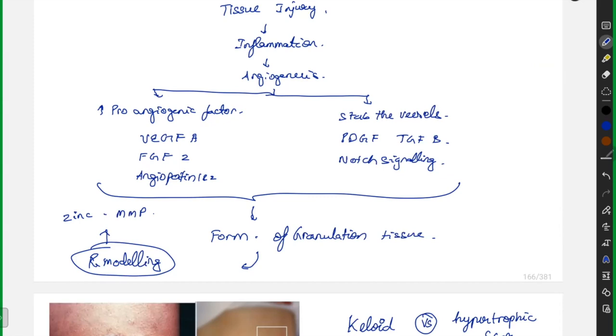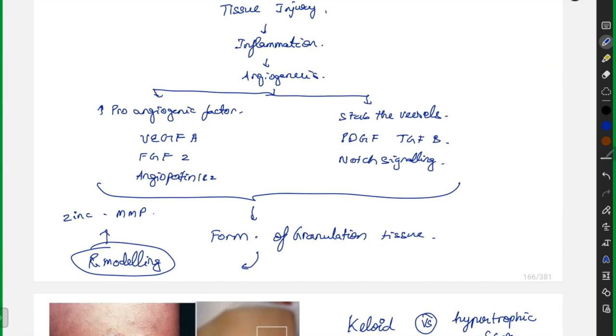Then collagenase cleaves fibrillar collagens. And stromelysin degrades a variety of ECM constituents, including proteoglycan, laminin, fibronectin, and amorphous collagens. Once all these things are there, the tissue starts to heal.